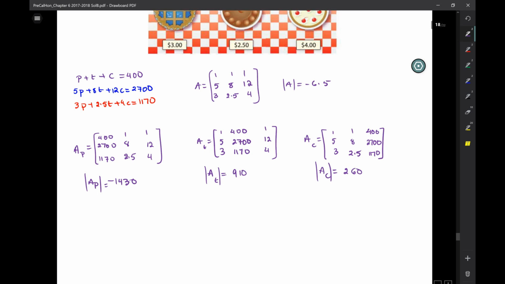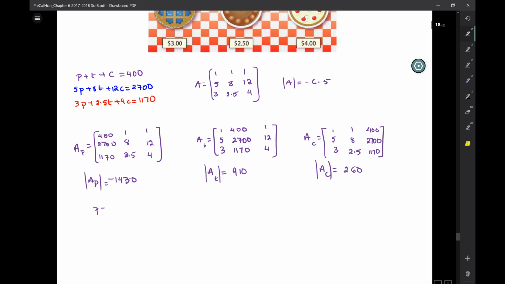Now, so P then is 1,430 over 6.5. Yes, they're both negative. I'm doing away with the negatives. I have my rows different, so I got negative for all of them. That's fine.